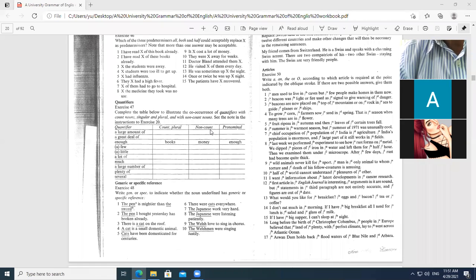Both students were too ill to get up. We can only use both. Can we use all? No, because we don't have the. Oh, wait.